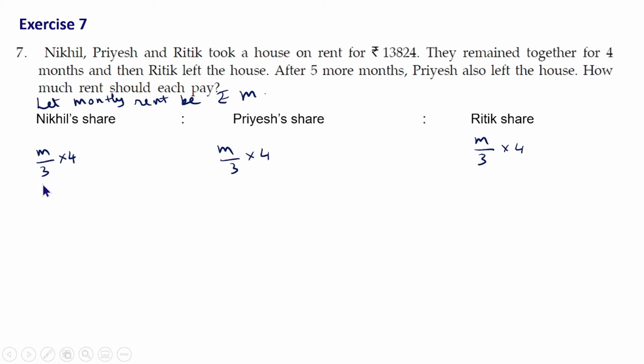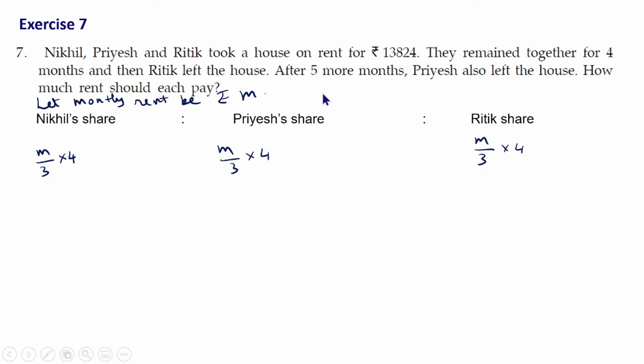So the monthly rent by 3 into 4 months. For the first 4 months Ritik has to pay that much rent, Priyesh has to pay M by 3 into 4 and Nikhil also has to pay M by 3 into 4.